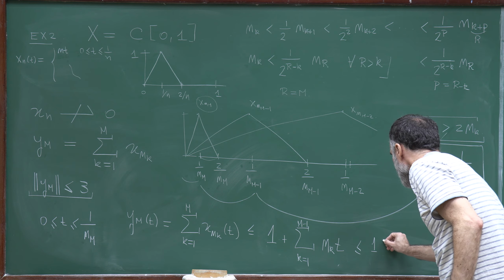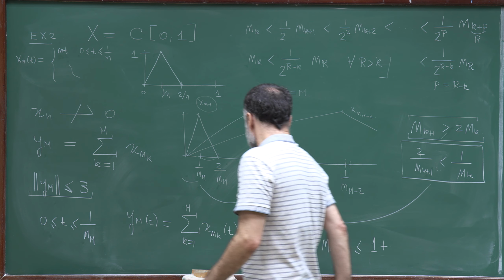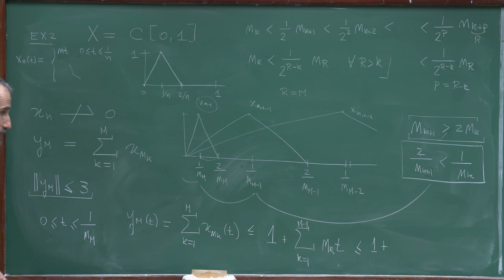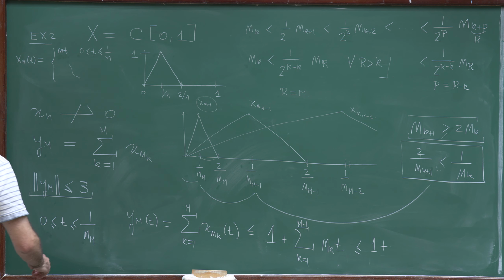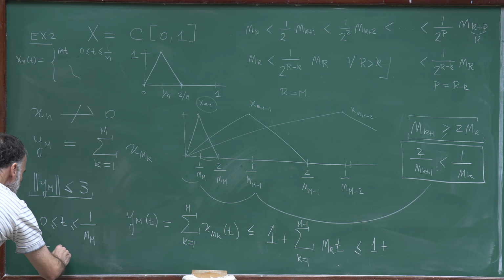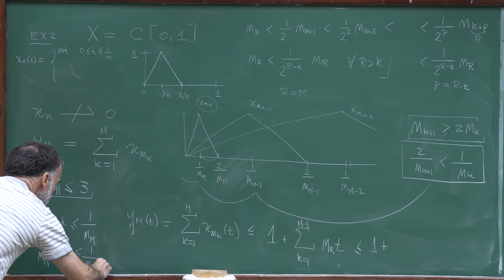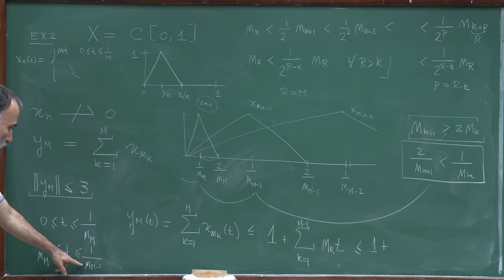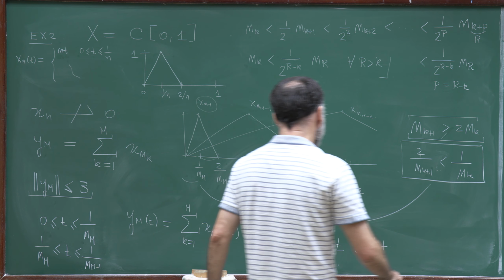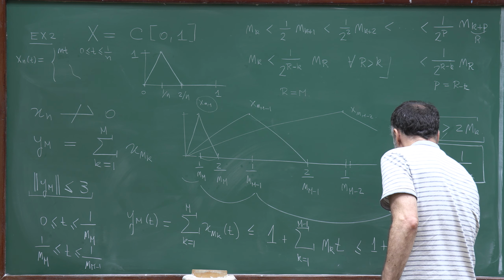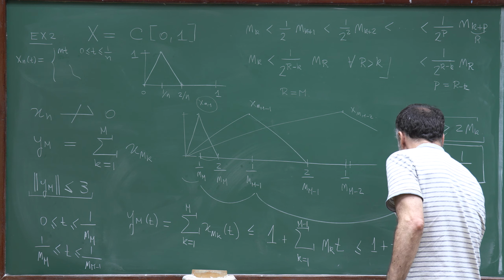So this is bounded by 1 plus the sum of n_k t. I'm taking the interval n_m smaller than t smaller than n_{m-1}, so t in this interval is bounded by 1 divided by n_{m-1}.